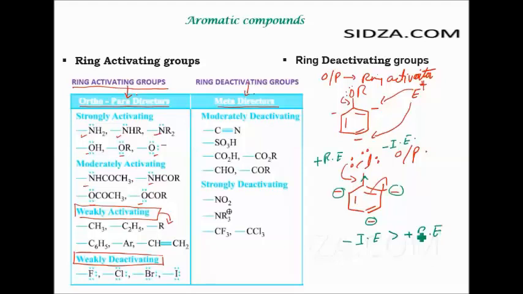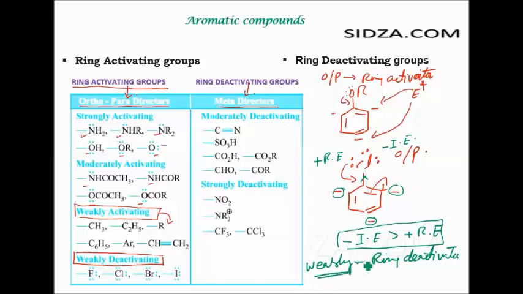That's why the overall effect is that it's a ring deactivator, not a ring activator, but a moderately, or you can say weakly, ring deactivator. It's not a strong ring deactivator like the nitro group, like the aldehyde. It's also a ring deactivator, but a weakly ring deactivating one, right?